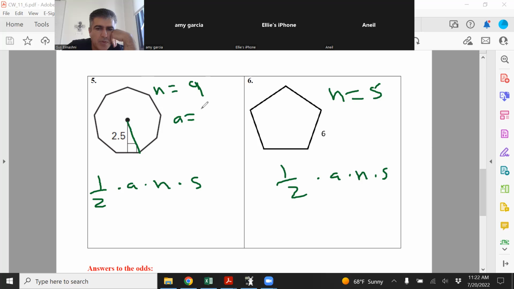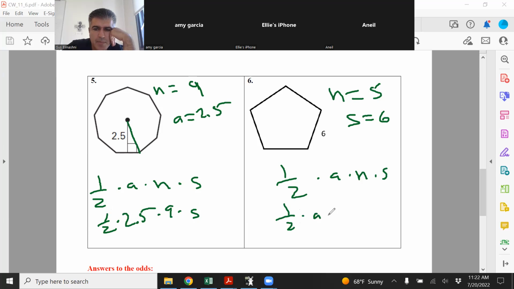Your apothem we already know is 2.5. The side length here we already know is 6. So for number 5 you have to solve for the side length, and here you have to solve for the apothem. 5 sides, side 6.